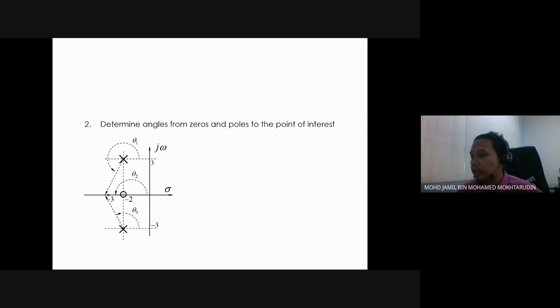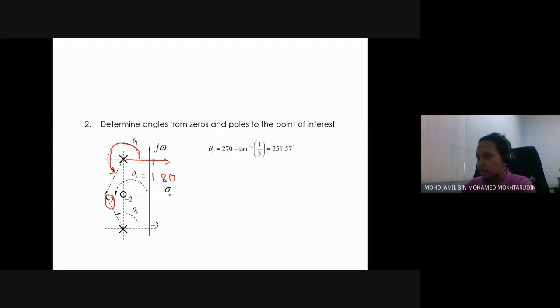First you find the angle θ1. θ1 is measured from the positive real axis, so from here to this line is angle θ1, the angle of this pole to the point of interest. The second angle is from -2. θ2 is measured from here to here, so this equals 180. Another angle is measured from here to this line. Then you can find the angles.